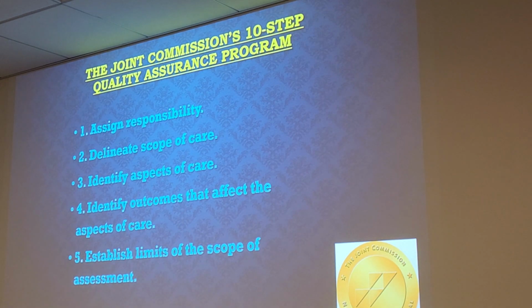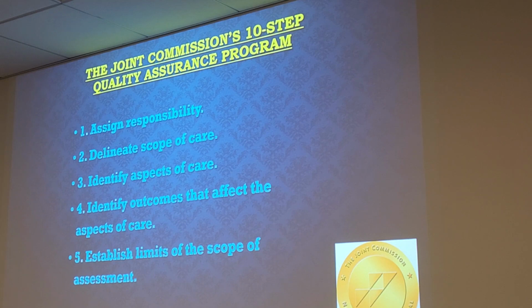Alright, so the Joint Commission's 10-step QA program. The Joint Commission recommends 10 steps for each hospital facility's QA program. You don't really have to know all of these, but just be familiar with them because it will show up on the test one way or another. The first one is to assign responsibility.